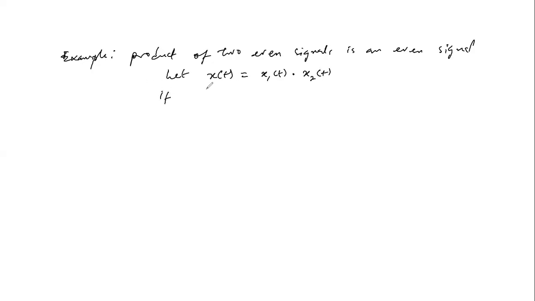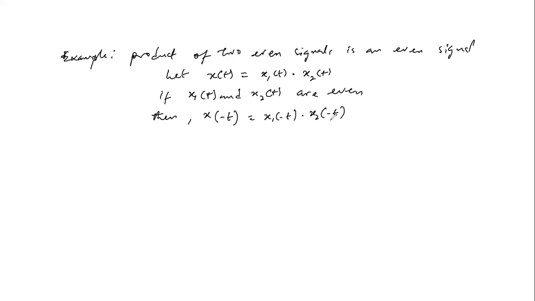If S1 of t and S2 of t are even, then the time reversed version of the signal will give us S1 of minus t dot S2 of minus t.